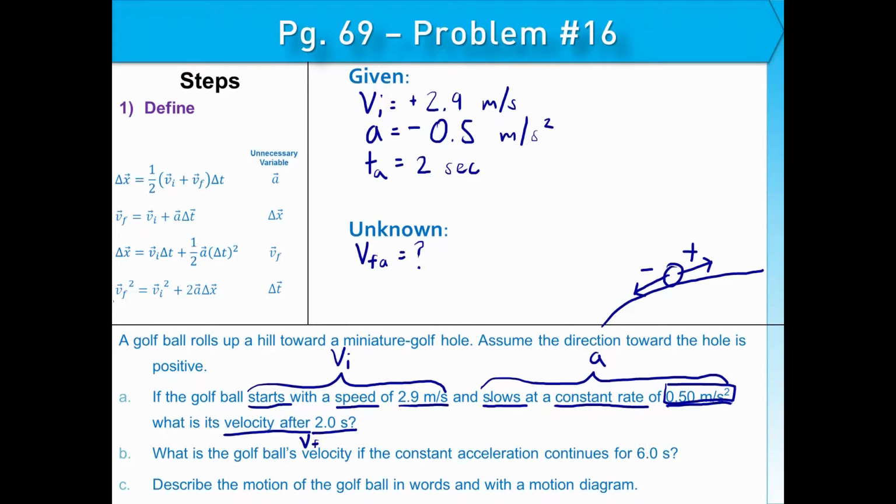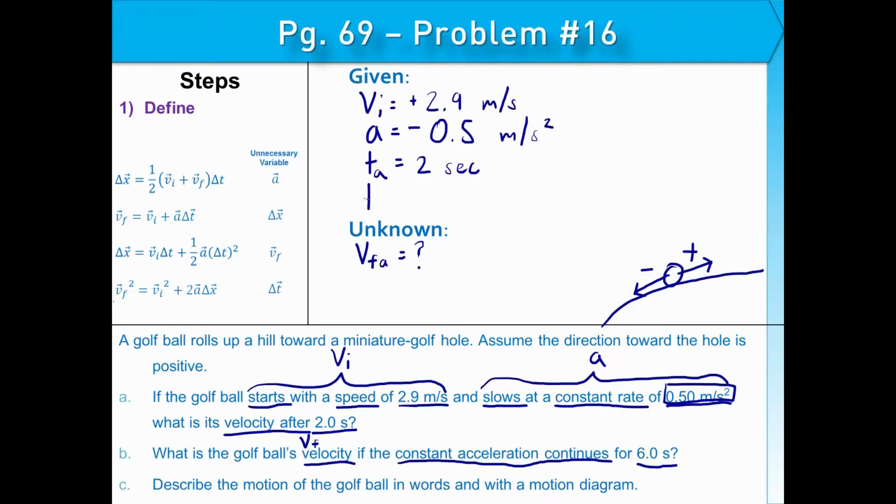Okay, part B. What is the golf ball's velocity if the constant acceleration continues for 6 seconds? Reading this carefully, we're given time because we have 6 seconds. Another key word here is velocity, and another is constant acceleration continues. So I'm going to put what I'm given.